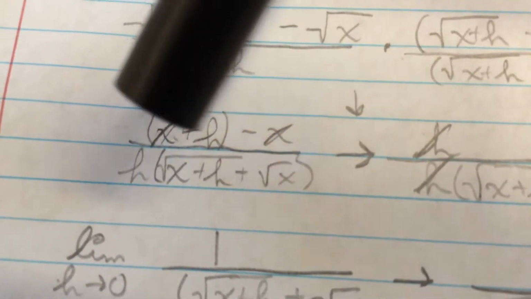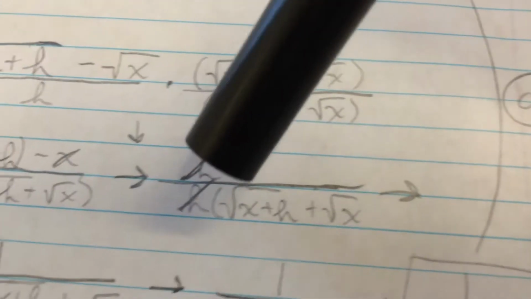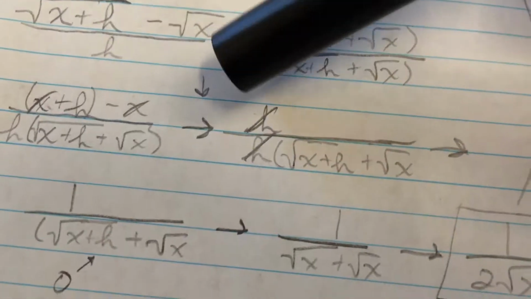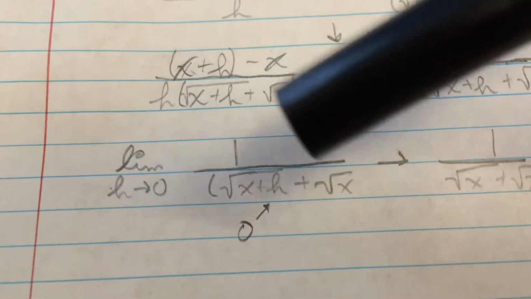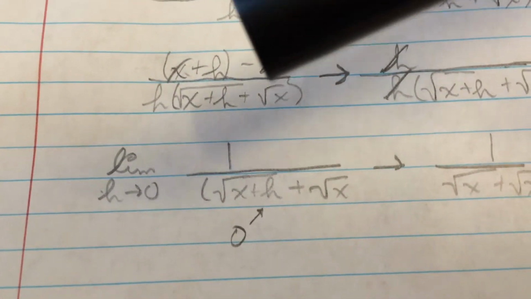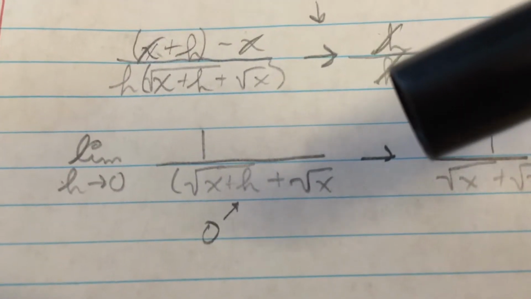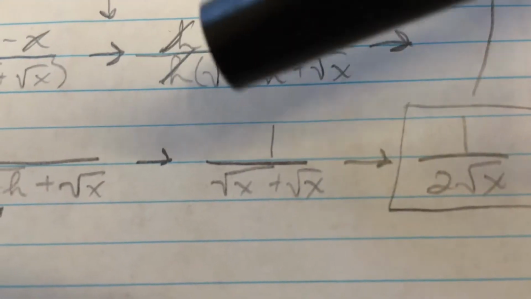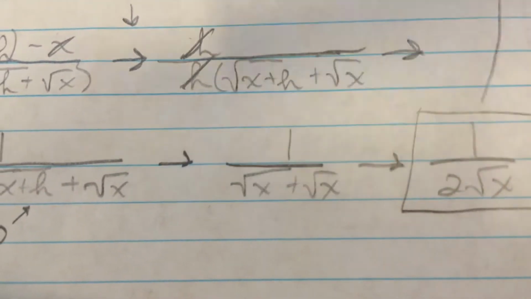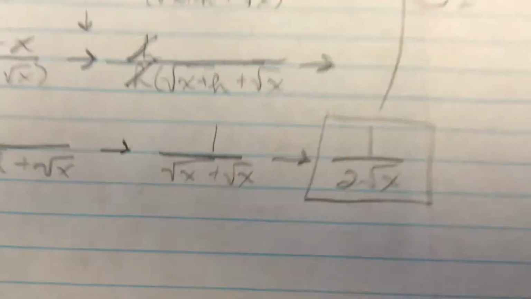The x actually cancels, so x minus x cancels out, and we get h over that quantity. However, h and h also cancel out. So the limit as h approaches 0 is 1 over the square root of x plus h plus the square root of x. Once we put 0 in, we get 1 over the square root of x plus the square root of x, and then 1 over 2 square root of x. However, we're not done.